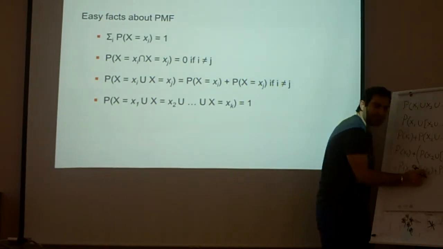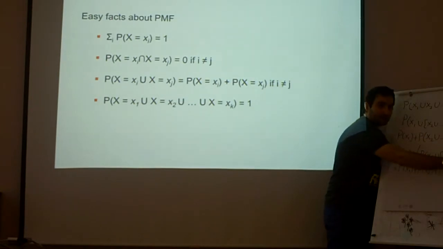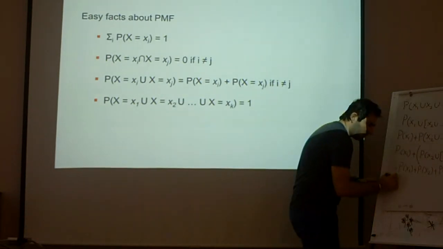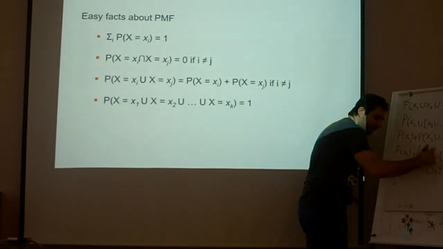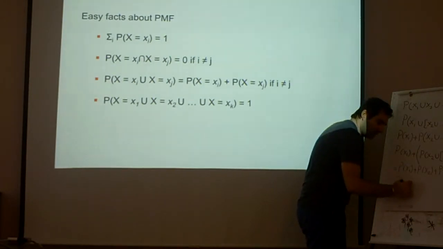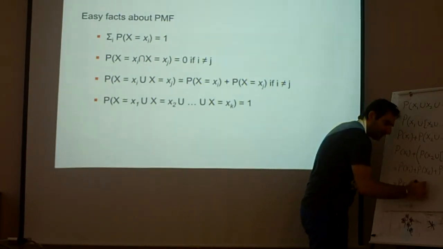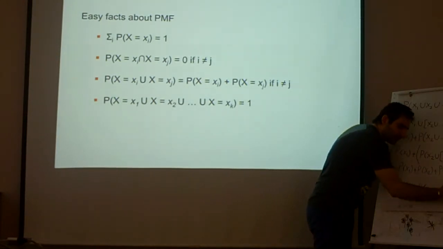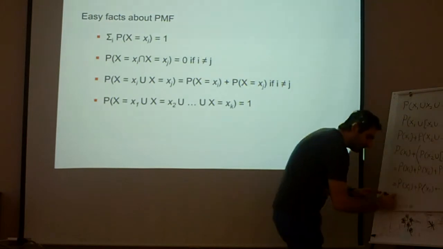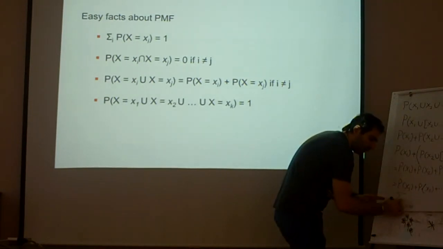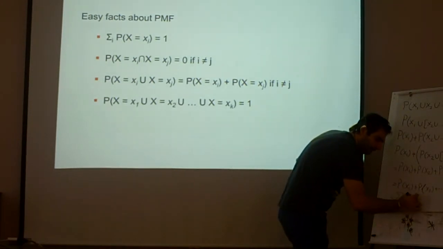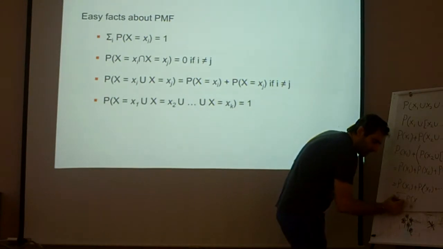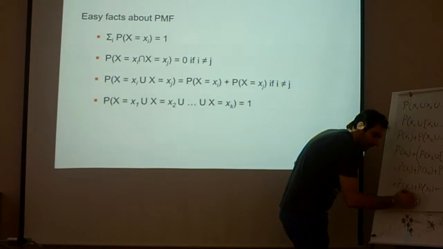And we know that x2 is not intersecting with any of them. So I can continue and put all of them out, so it will be probability of x1 plus probability of x2 plus the probability of xk, which is the summation over j of p of xj, j starting from 1 to k.